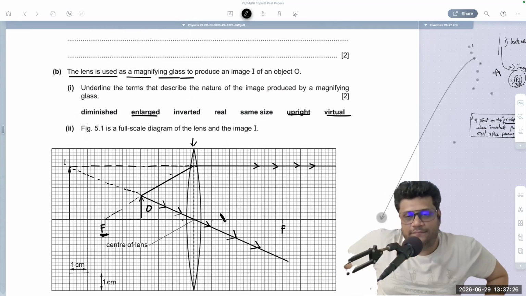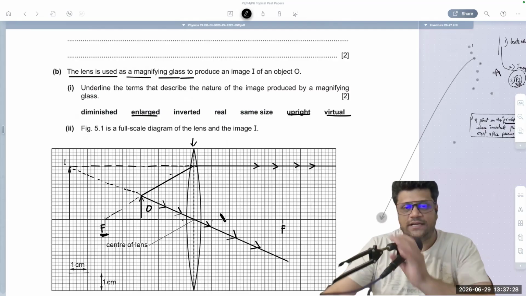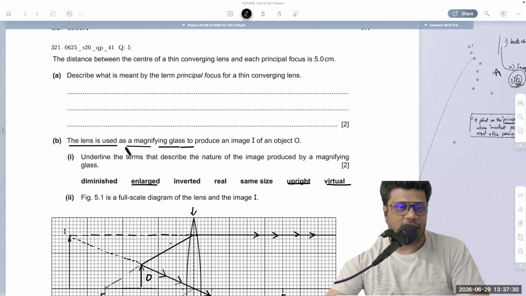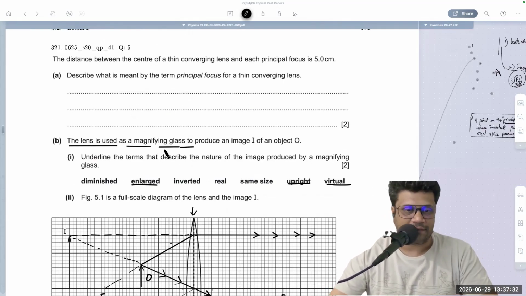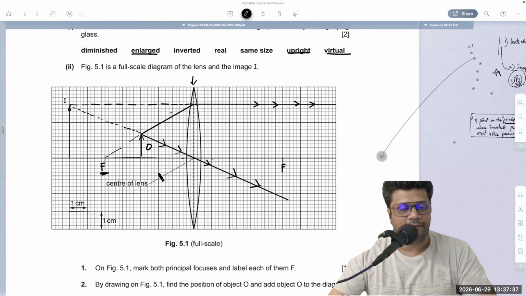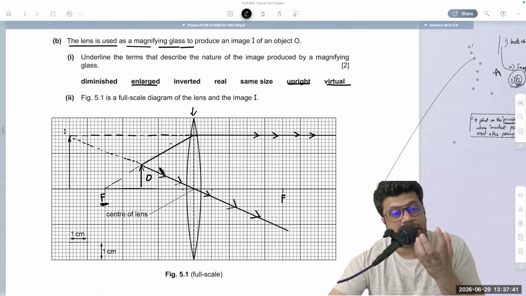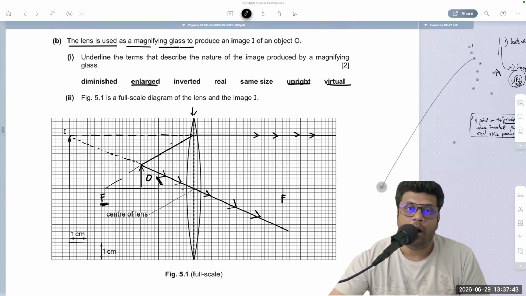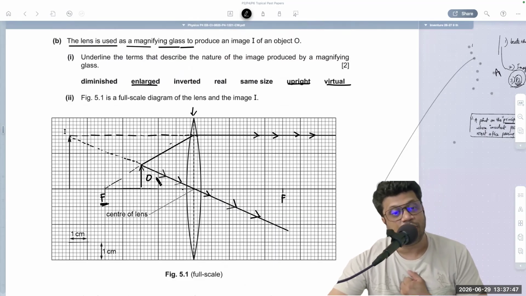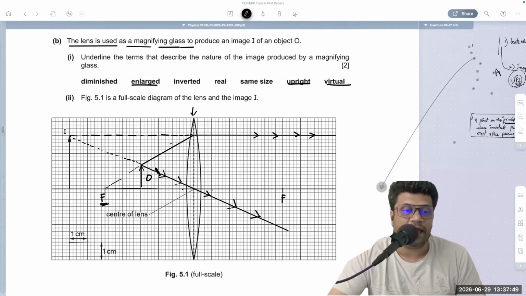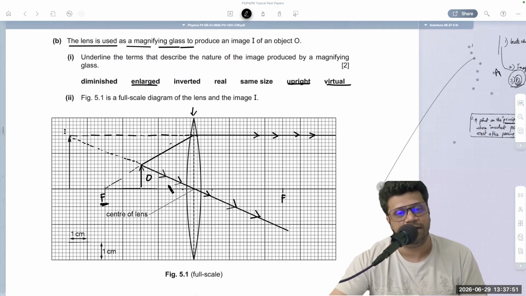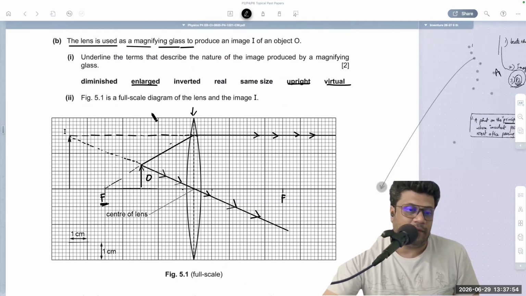A very tricky kind of question, this one. They've mentioned that the lens is being used as a magnifying glass, and they want you to locate the object. It's a prerequisite for the object to be placed between the focus and the lens, so the object is supposed to be somewhere here. Now, how do I locate the object? I'll follow the rules.